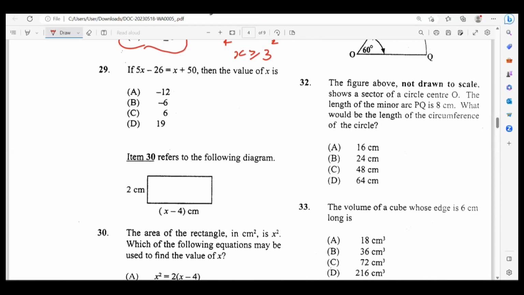Now, if 5x minus 26 is equal to x plus 5.